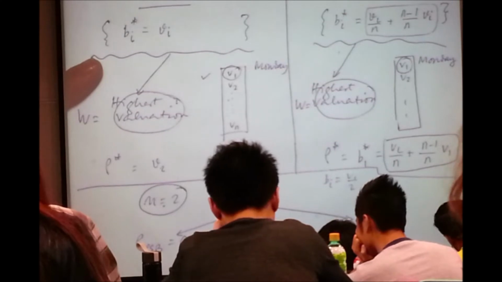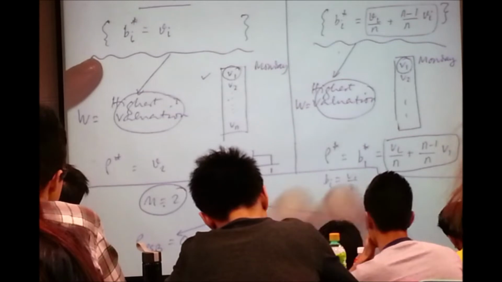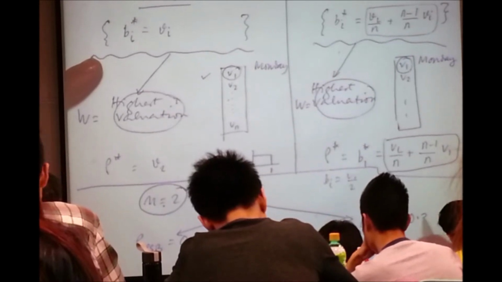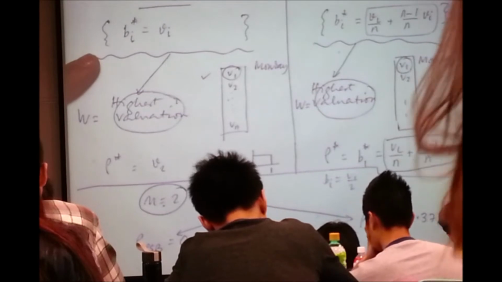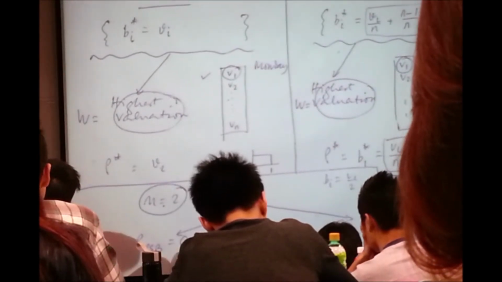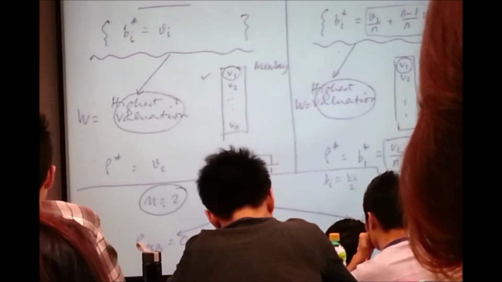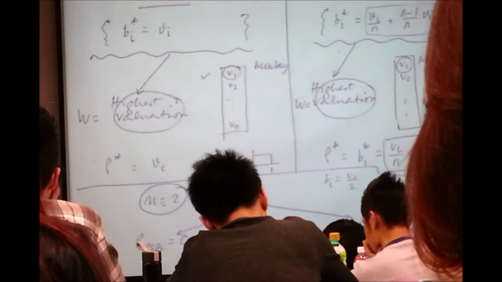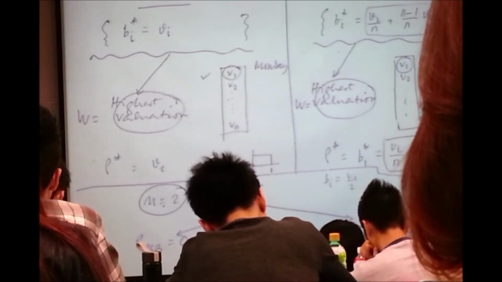So if my valuation is 0.75, I will bid half of that, 0.375. Therefore, I will have to pay that amount. Which gives me a higher price? First price auction. In this particular auction, if I conduct my auction in the Monday class, first price auction gives me a higher price.